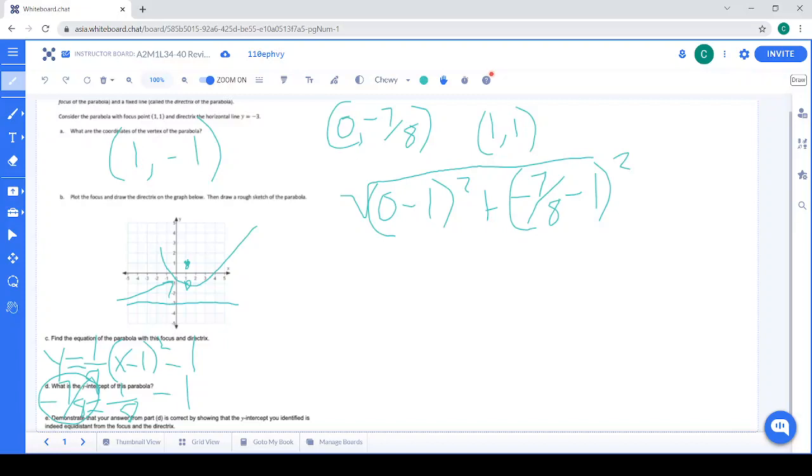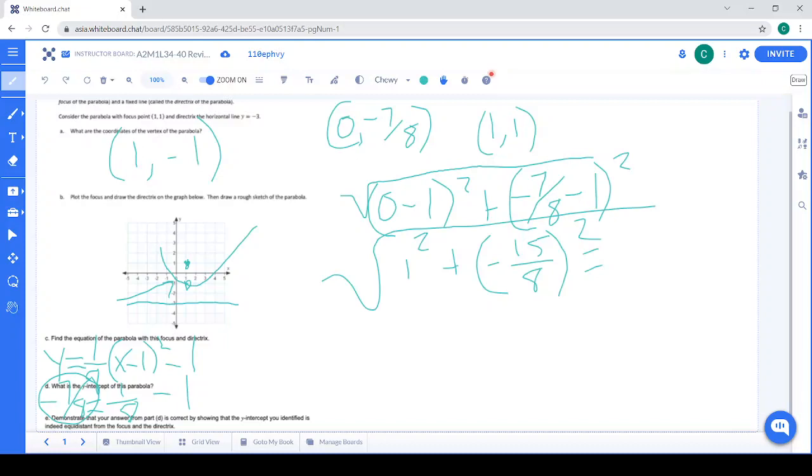Okay, if you do that, this is 1 squared plus negative, that's going to be (15/8) squared. Okay, so when we do that, what is 15 squared? 15 squared is 225. And remember, all this is still square rooted.